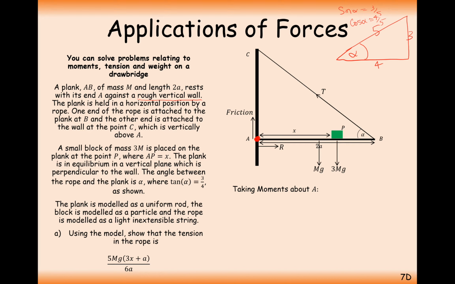So let's have a look at the clockwise moments and set them equal to the anti-clockwise moments. The first force that we'll consider is this mg force here. It's a force mg, distance a away from the pivot point, so therefore its moment is going to be mg times a.